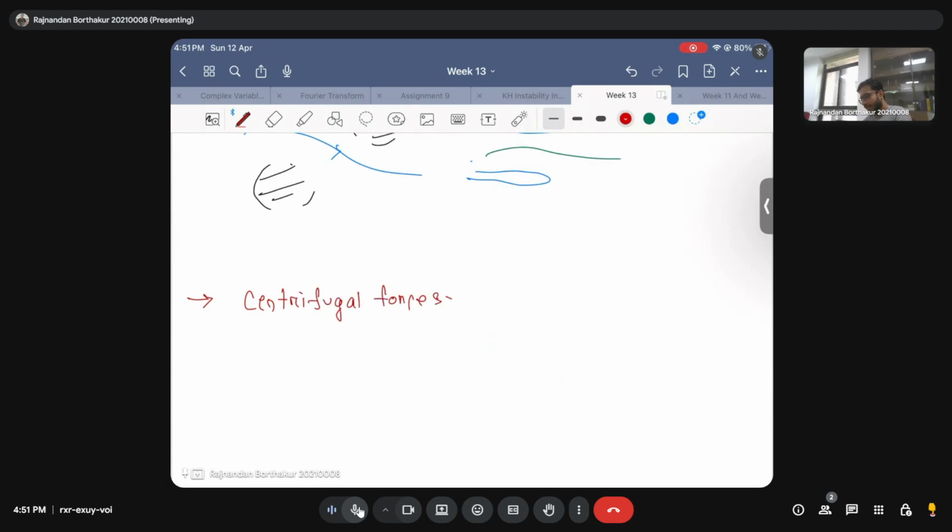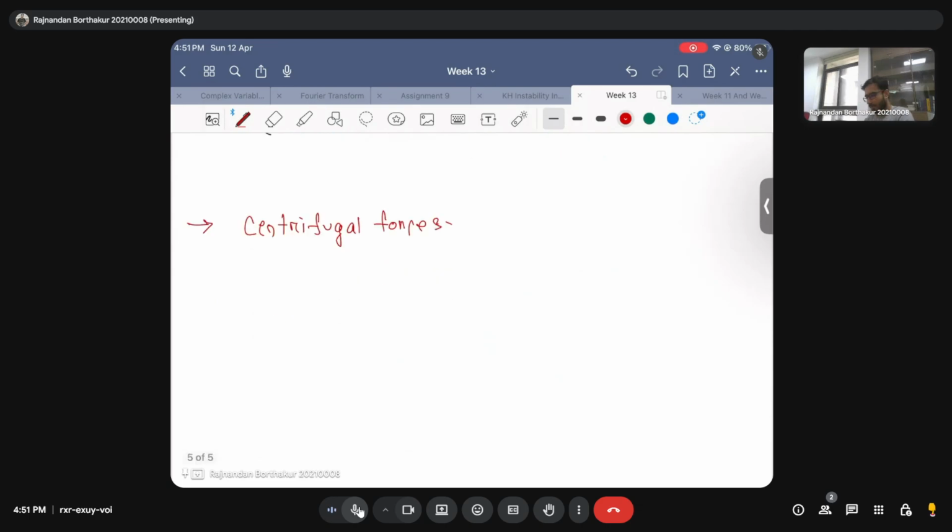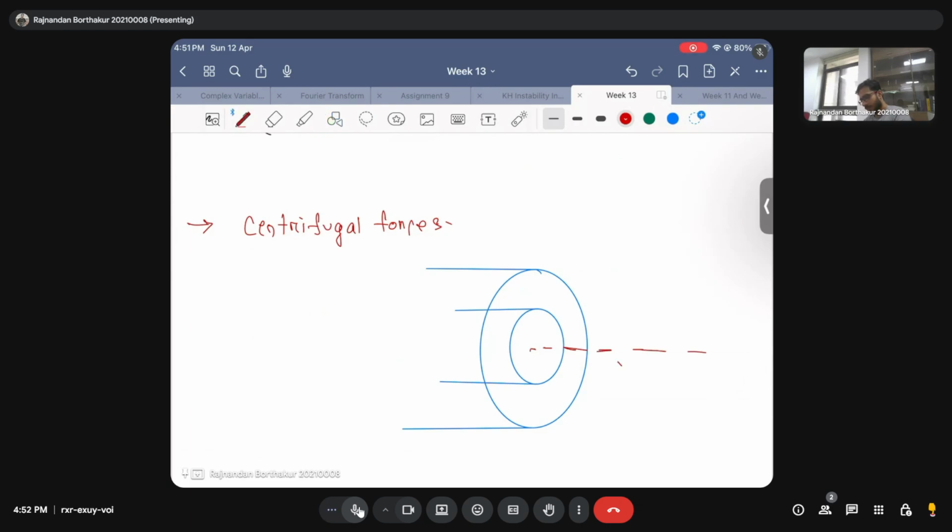For example, if you remember the Taylor-Couette flow problem, there were two cylinders rotating about their axis with some angular velocities omega 2 and omega 1, and we had a fluid inside the annulus of these two cylinders.